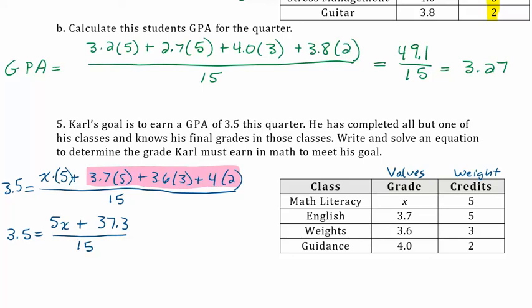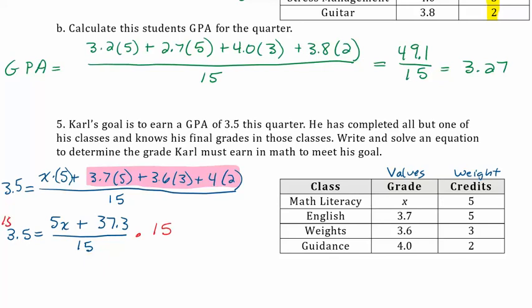Okay, my algebra people, what do we do to get x by itself here? What's the first number we're going to have to eliminate on this right-hand side? Hopefully you're saying 15. 15 is the first number we want to get rid of. So this is being divided by 15, so I'm going to multiply both sides by 15.